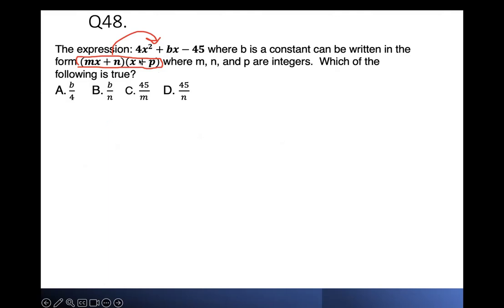Which of these is true? Look, they've done something for you. We've got to make this look like that, right? Because there are numbers there, I'm going to open this. I'm going to have mx squared. That means it's the first one. And to get the b, the b is mx minus p. That's the first one, right?